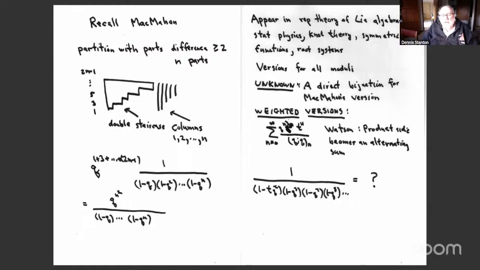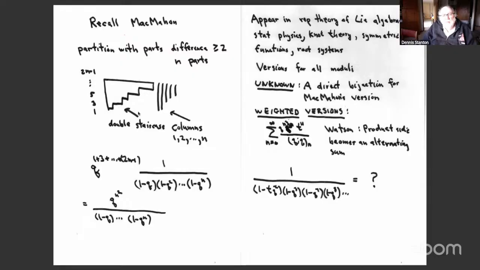So we're going to need to remind ourselves how McMahon got that left side. Partitions with parts differing by at least 2. What he did is he took such a partition, here I've written its Ferrers diagram, and he stripped away the double staircase, 1, 3, 5, up to 2n minus 1 if it has n parts.